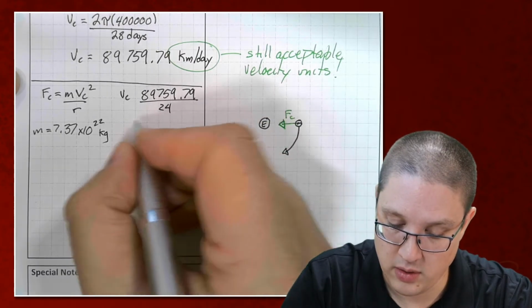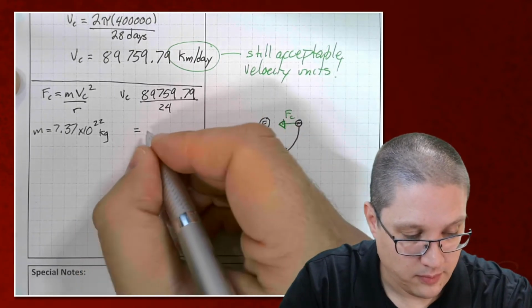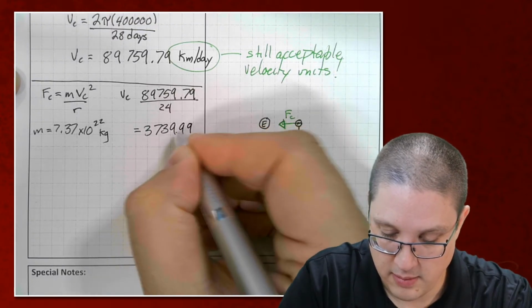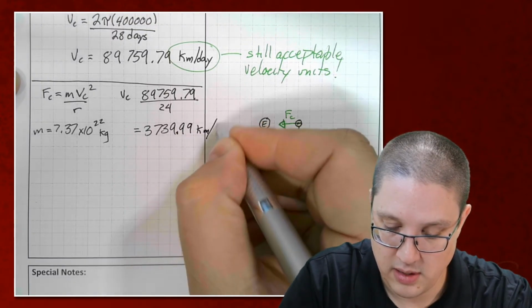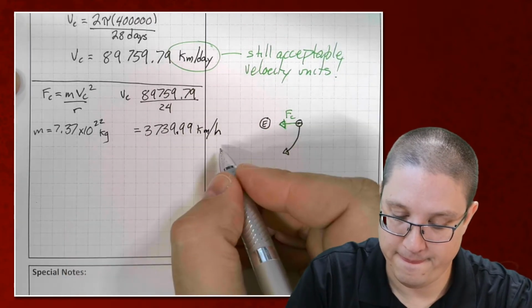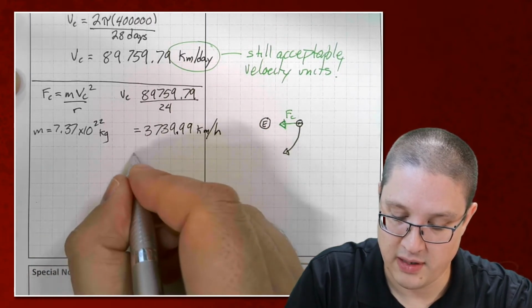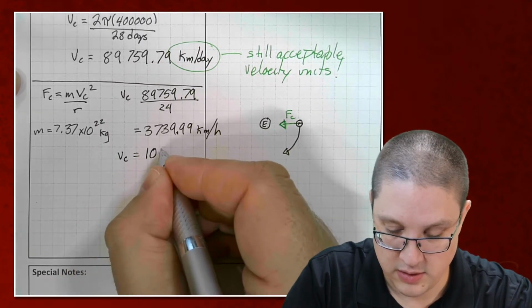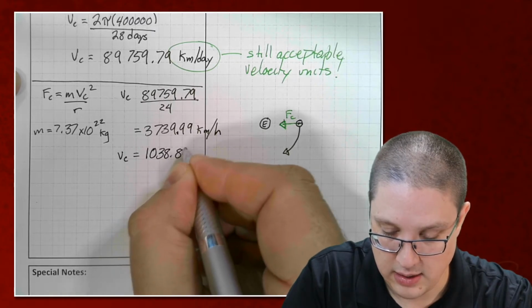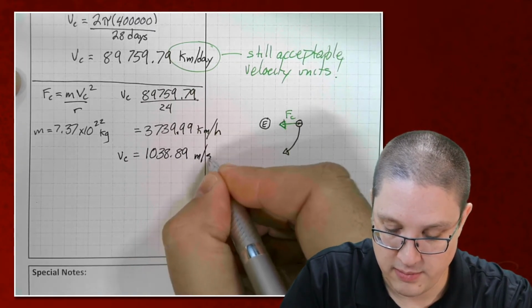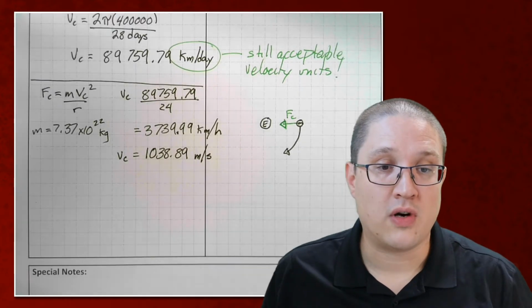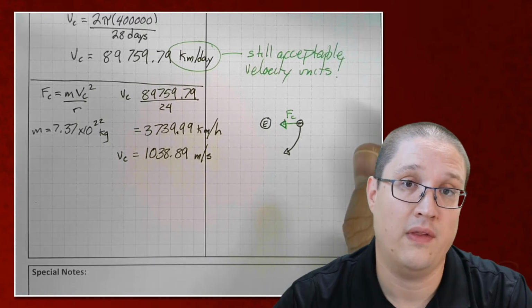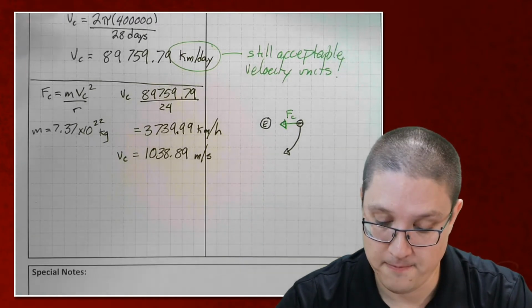Working that out gets me to 3,739.99 kilometers per hour. Then I could take that, divide it by 3.6, which works out to 1038.89 meters per second. So the moon is traveling just a little bit faster than a kilometer per second going around the Earth. That's pretty quick.